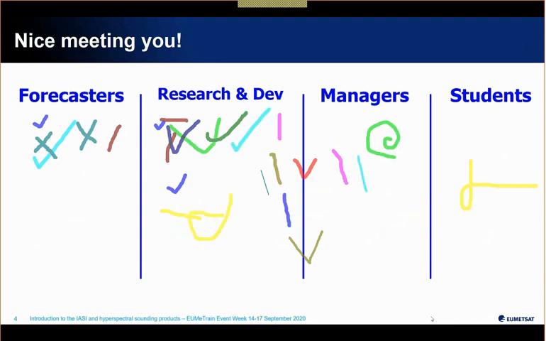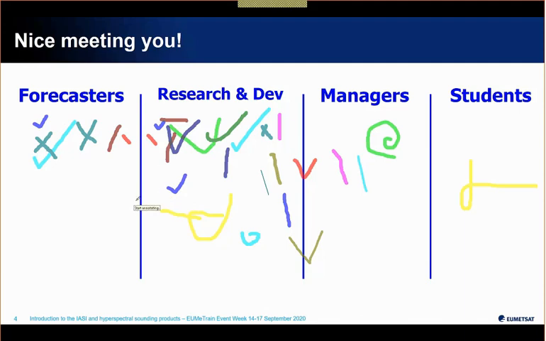Okay, it's very creative and colorful. Thank you very much for that. It's very helpful to me to know how to maybe focus the talk a little bit.